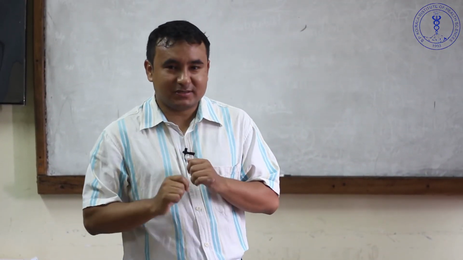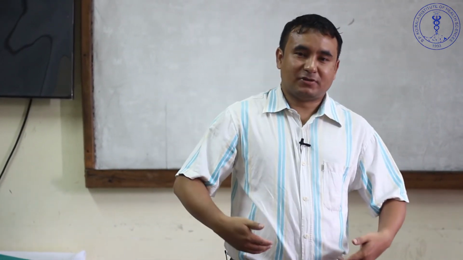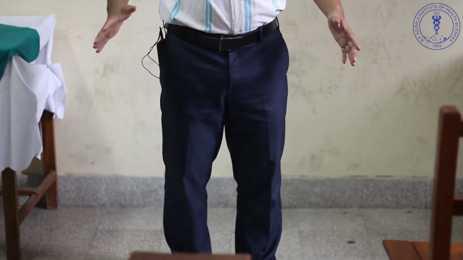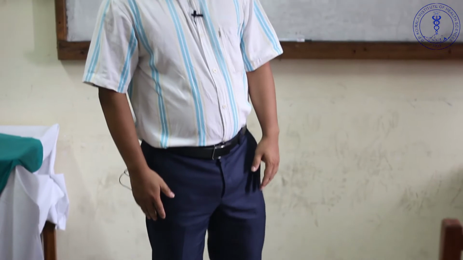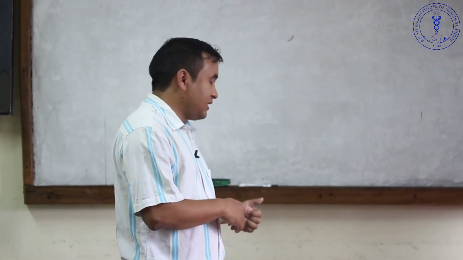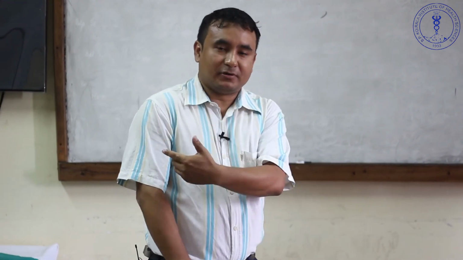So monoparesis means weakness in a single limb. Paraparesis means weakness in the bilateral lower limbs. Quadriparesis means weakness in all four limbs. And hemiparesis means weakness in the ipsilateral part of the body.